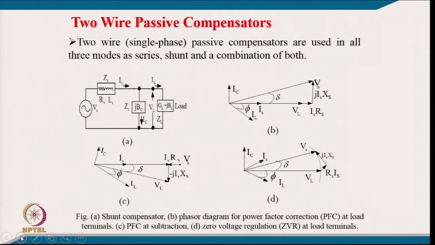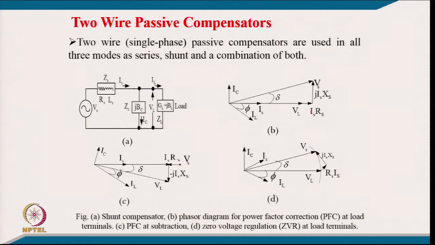If you look at shunt compensation, this compensator is shown in parallel with the load, and you can decide its design for any of the purposes, for example power factor correction at the load end. If you correct the power factor at the load end, the supply current should come in phase.